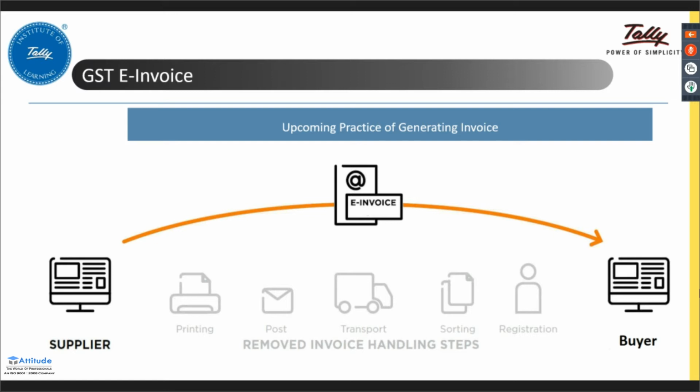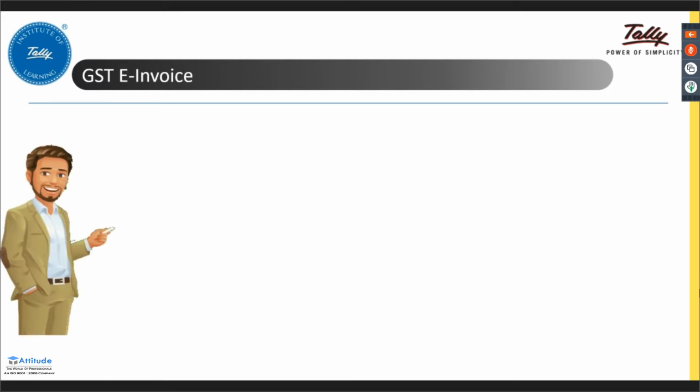It is very simple: the supplier will directly generate an e-invoice, and that e-invoice will appear in the buyer account automatically. So that is the purpose of e-invoicing, and the current practice we discussed has been eliminated.